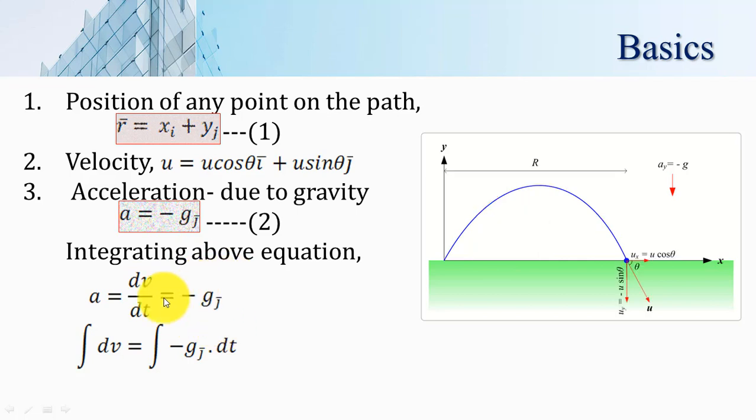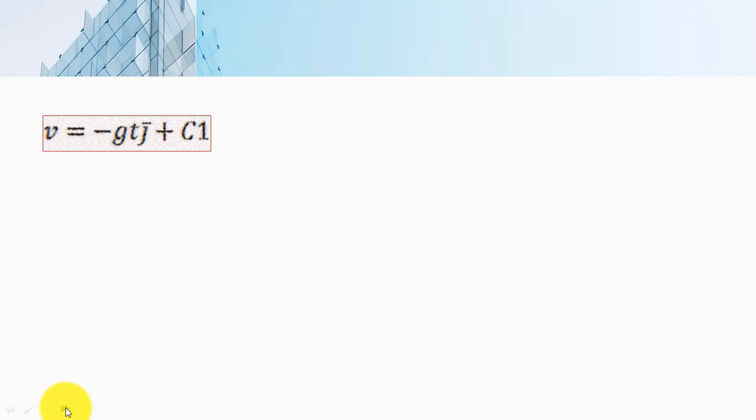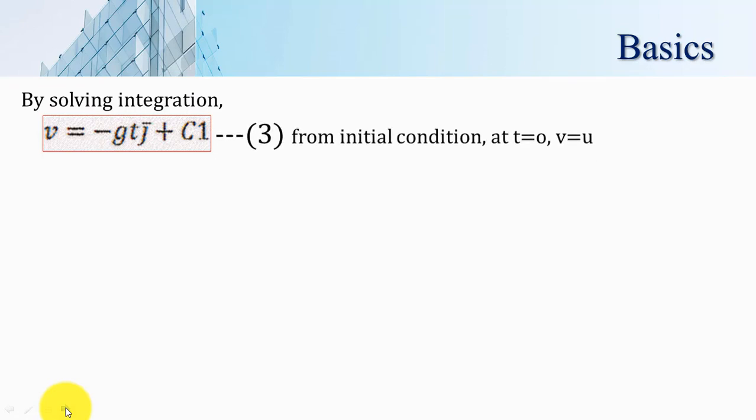Rearranging the terms and integrating, integration of dv is equal to integration of minus g j dt. Solving this integration, the velocity will be minus g t into j plus c1, where c1 is the constant of integration.